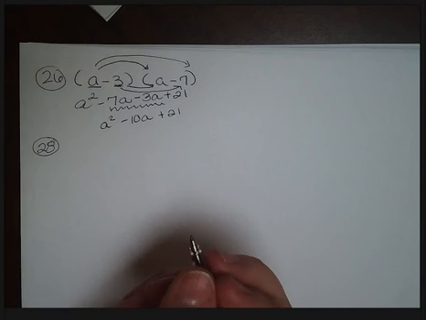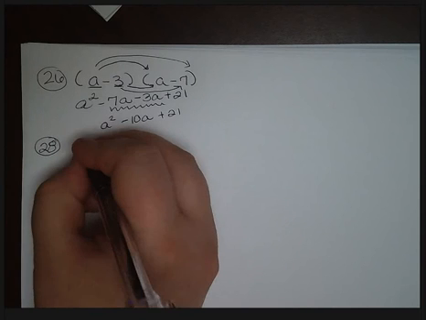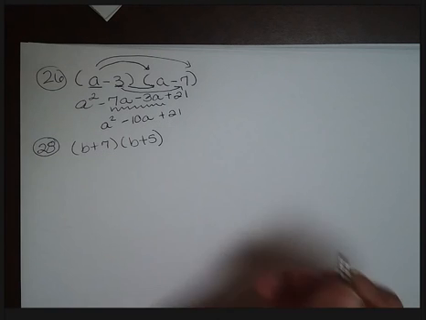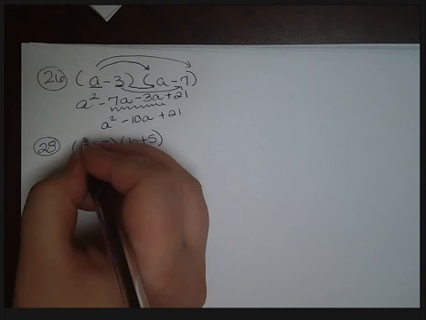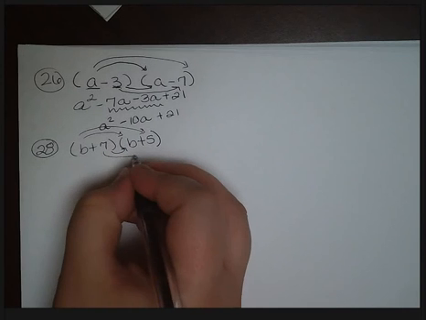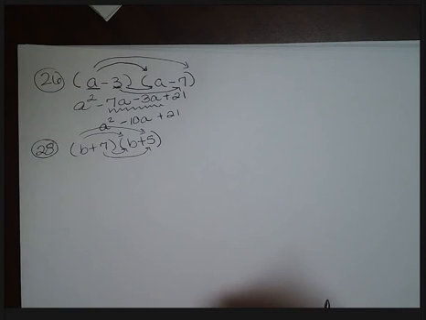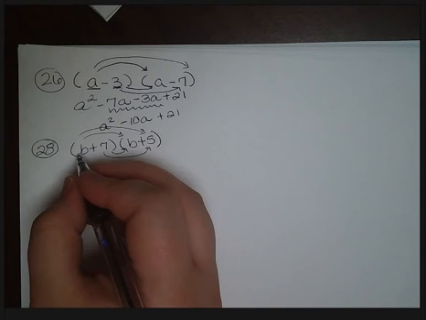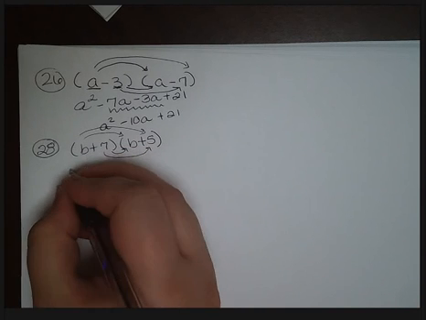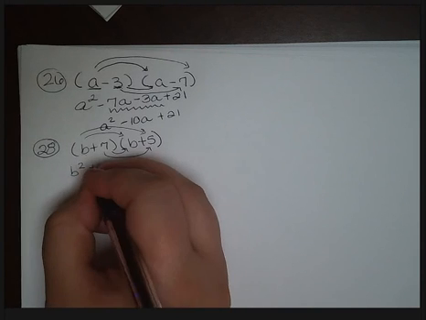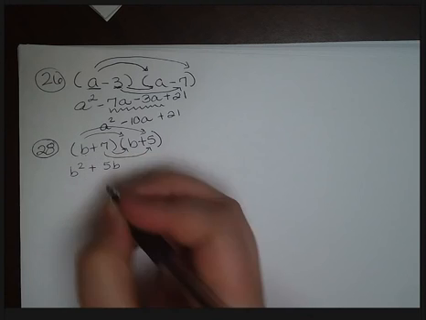says that I have b plus 7 times b plus 5. So again, I'm going to multiply this b times everything in this set of parentheses and this 7 times everything in this set of parentheses. Okay? So b times b gives us b squared. B times 5 gives us 5b.